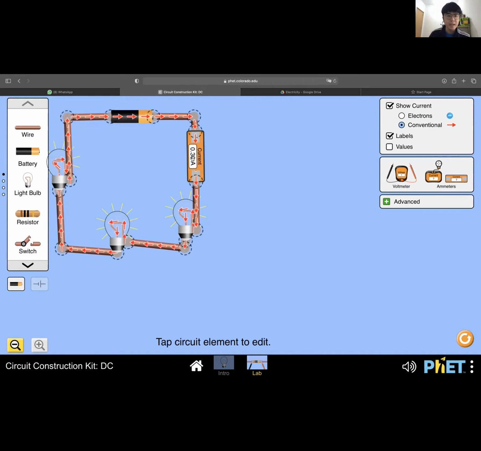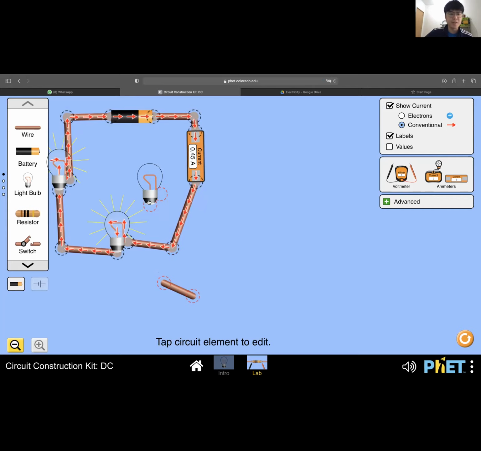You see here, what is the current showing? 0.30 ampere. Let's say I remove one bulb and only connect 2 bulbs like this.